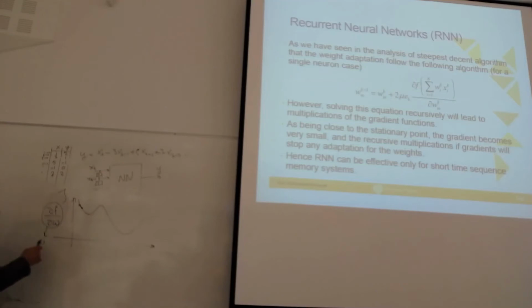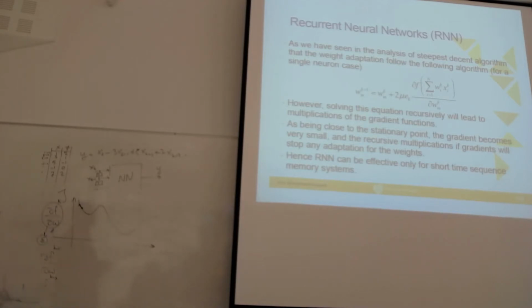If the gradient is a very small value, epsilon, and you multiply it by another gradient, for example at time k, then at time k minus 1, then k minus 2, a very small value multiplied by another small value, so you approach 0 very fast.